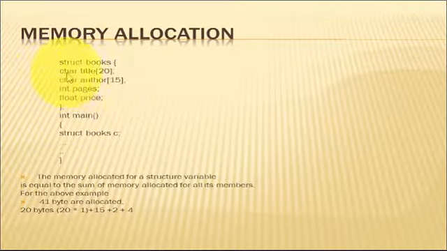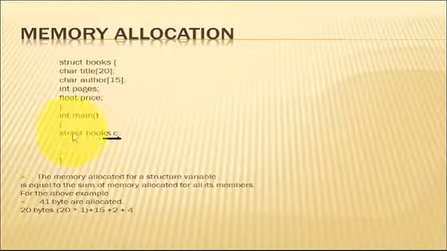Here we declare the structure inside the main function. Here struct book c, where c is the structure variable. I am declaring a structure variable named c, and the data type is struct book. So how much memory will it allocate for the variable c? We have 4 data members.